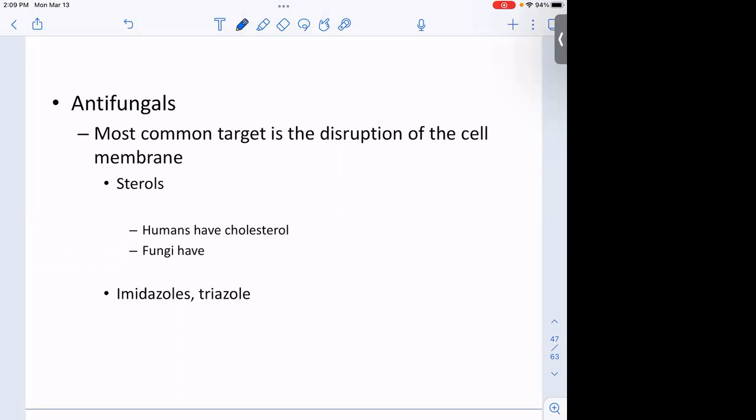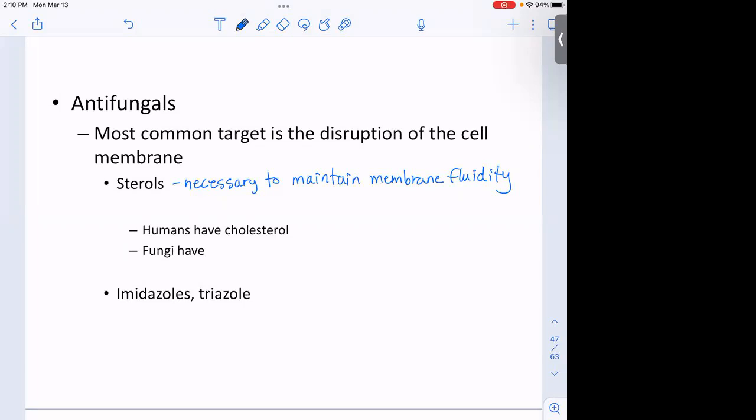And sterols are necessary to maintain membrane fluidity. Okay, so we always mostly think about cholesterol as being a bad thing, that we get too much of it, but we need cholesterol to maintain our membrane fluidity.